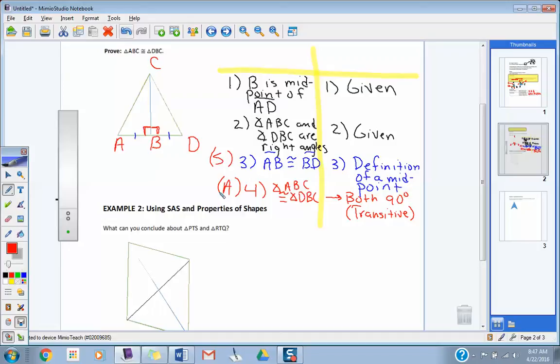Couldn't I say BC is equal to BC because it's the same line? In step 5, segment BC is congruent to itself, segment BC. If you have one thing and it's the same thing, that's called the, anybody remember, it starts with an R?